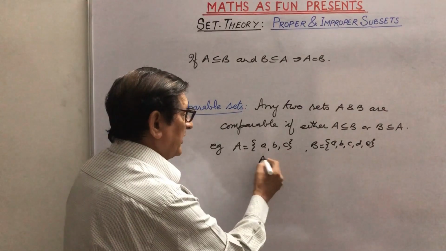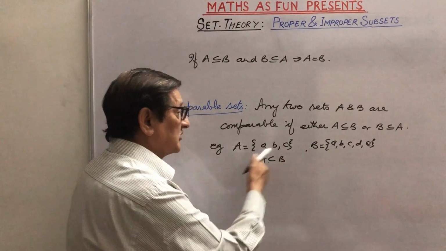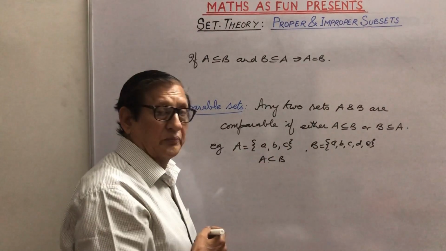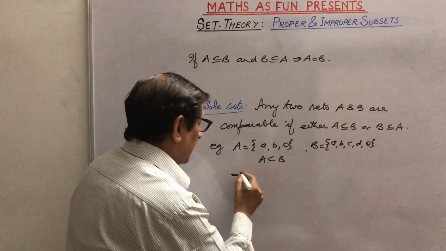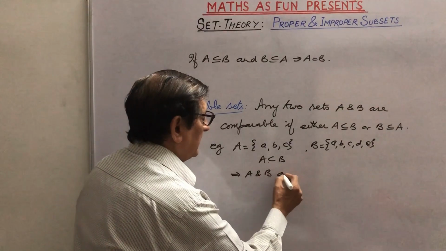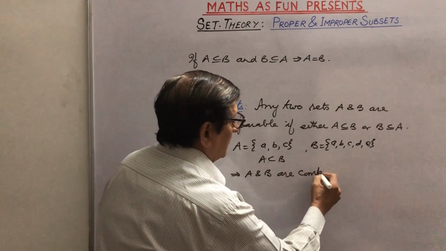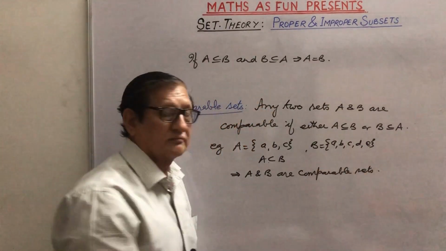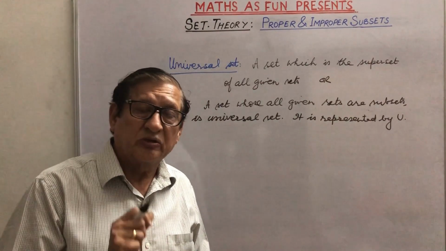Then we know that A is a subset of B and that is a proper subset. It means both A and B are comparable sets.